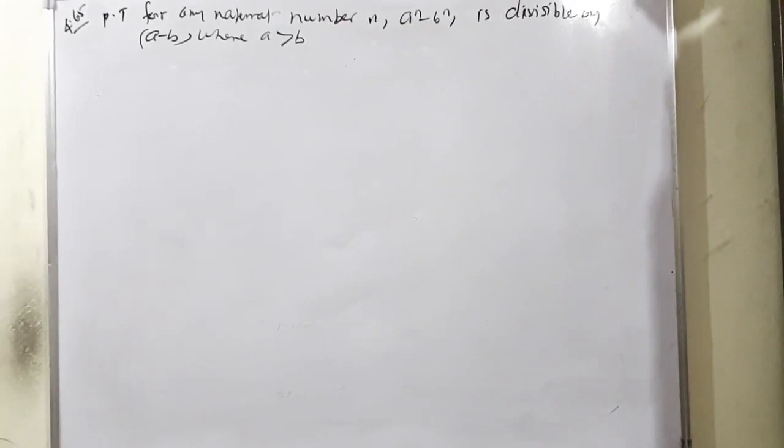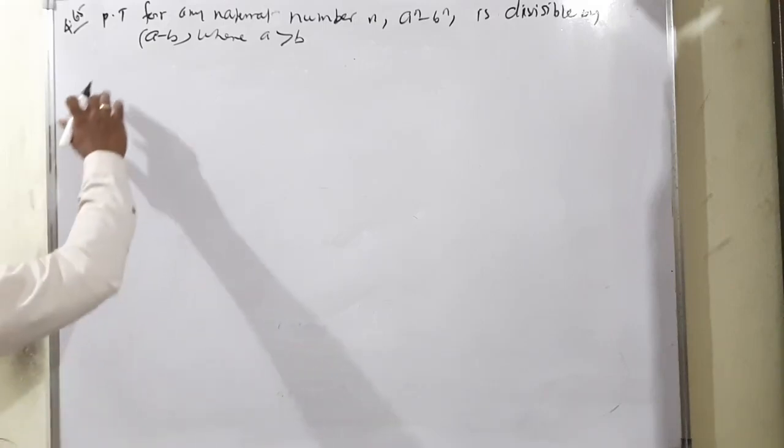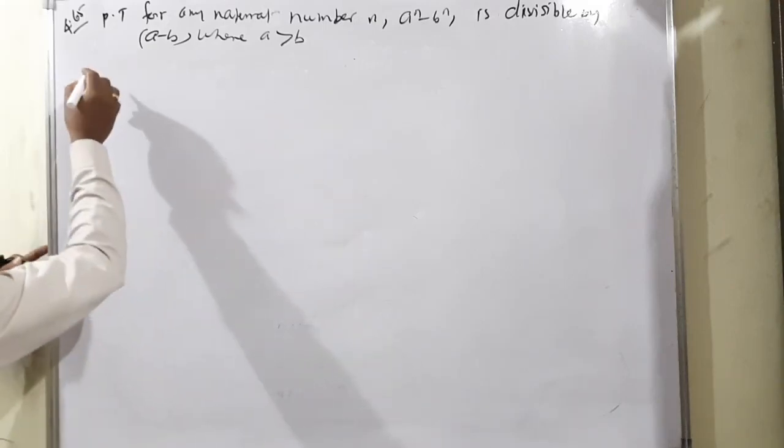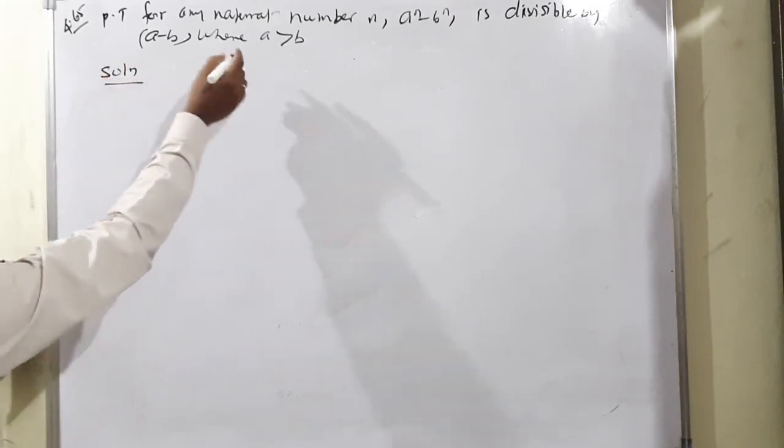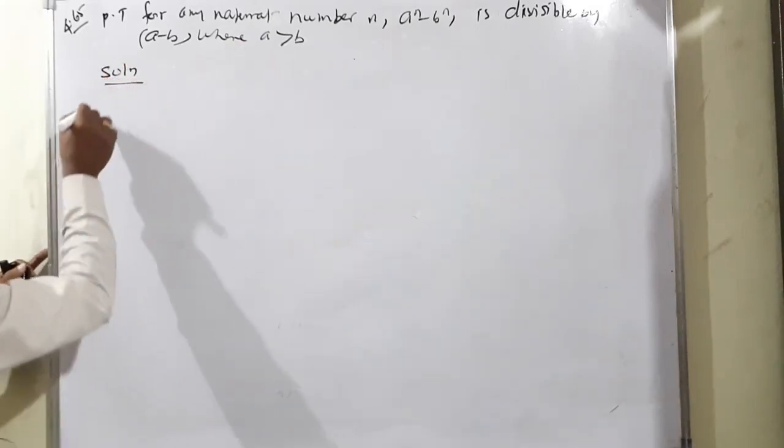Moving to 4.65, prove that for any natural number n, a power n minus b power n is divisible by a minus b. So, condition where a is always greater than b. Now, for this solution first we have to write it, consider P of n, isn't it?